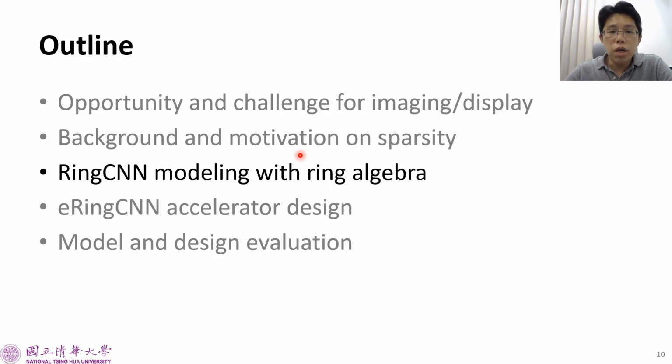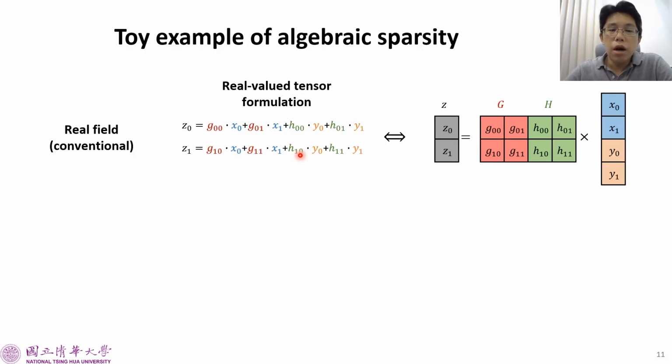Now I will introduce our proposed RingCNN framework with ring algebra. But before getting into the details, I would like to use this toy example to show how complexity can be saved. For this small system with 2 output channels and 4 input channels, we need a 2x4 matrix for the weight parameters.